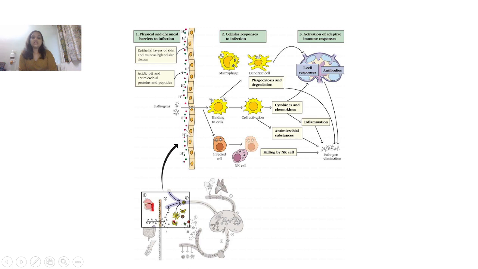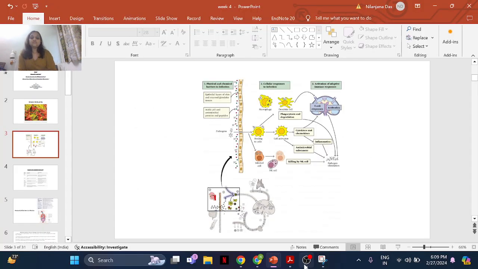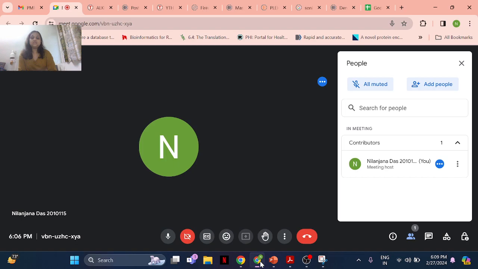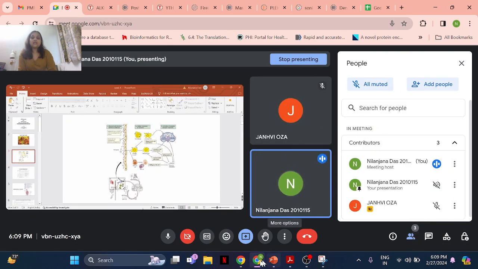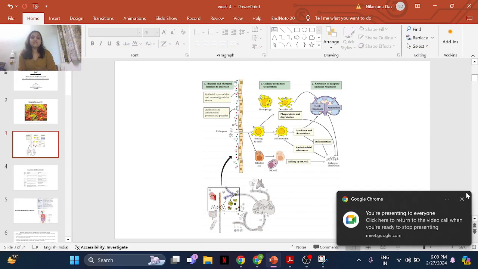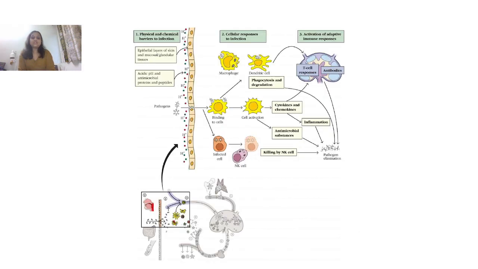The outermost layer is the epithelial layer of the skin, and also the glandular tissue or the mucosal tissue in our body helps us clear the pathogens whenever they are entering.